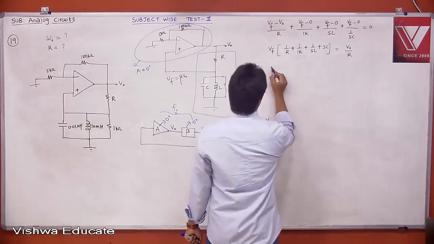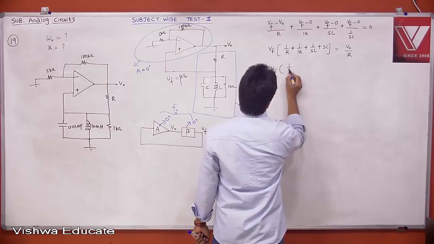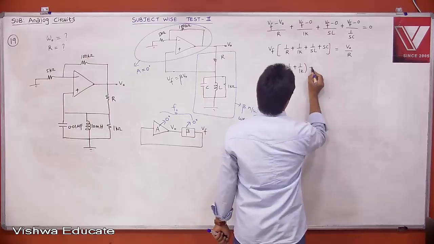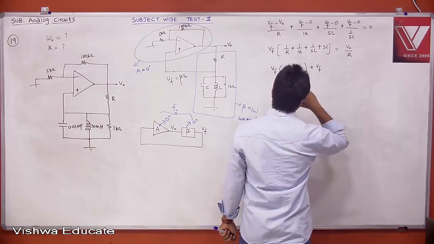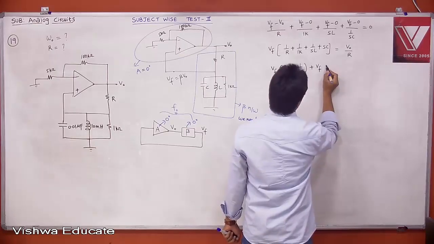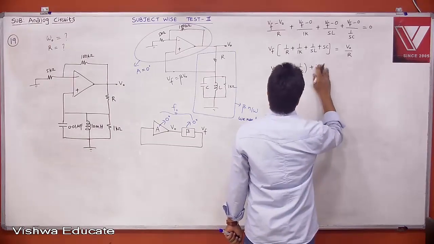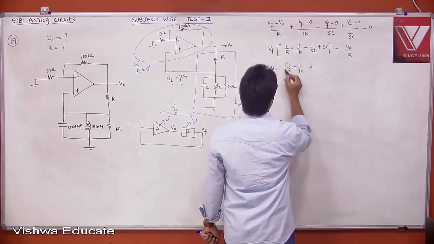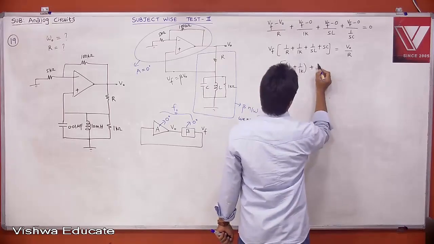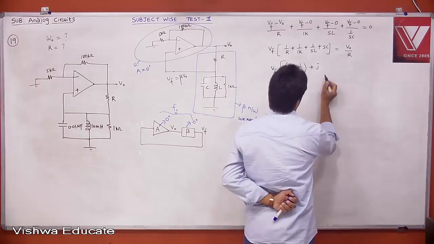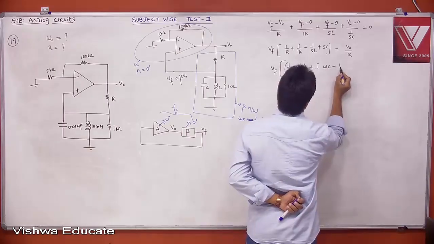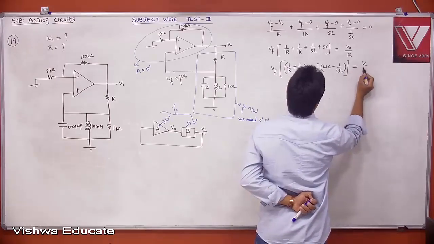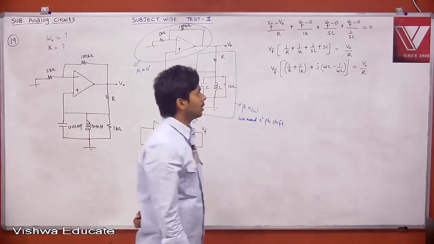Taking S equal to j omega, this is the real part, and the imaginary part, if you take j, you will get omega C minus 1 by omega L, equal to V naught by R, right?